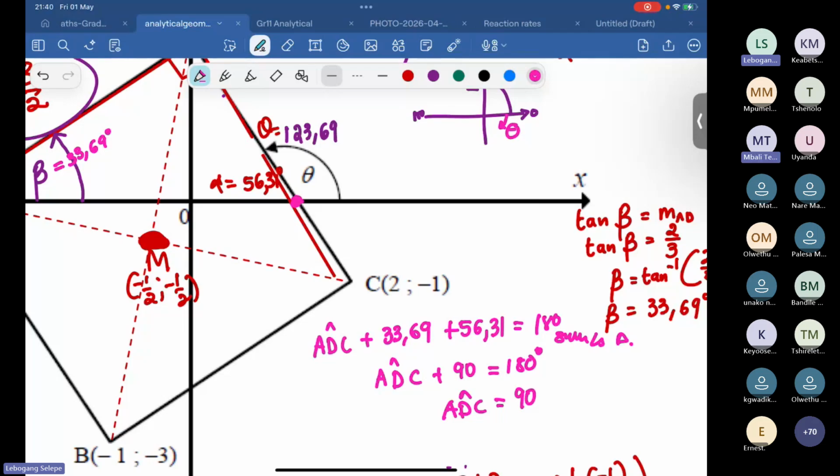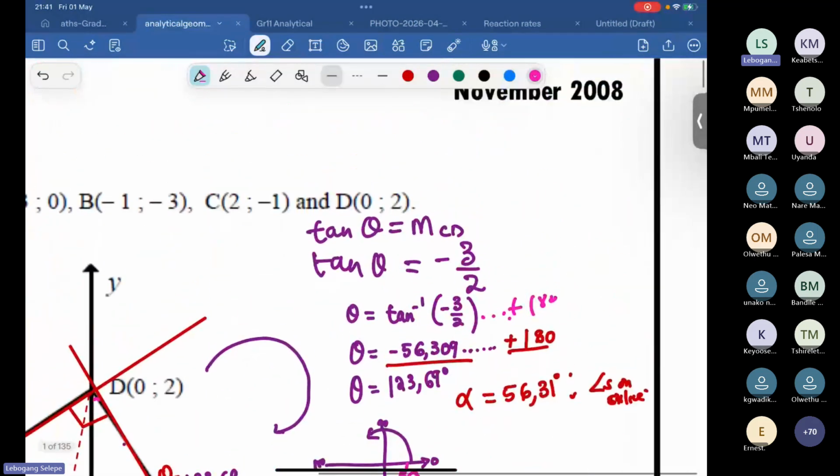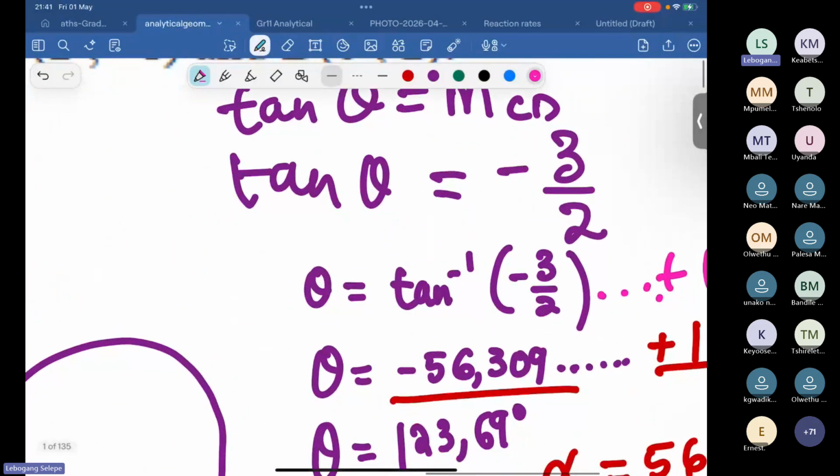Ma'am, just for clarity, can I please ask, the 180 to be added even though the angle is not in the straight line? You add the 180 if you punch your calculator and you get a negative angle. Okay, ma'am. Thank you. That's when you add 180. And please, again, the other thing that is important to note, guys, I did not remove any signs.